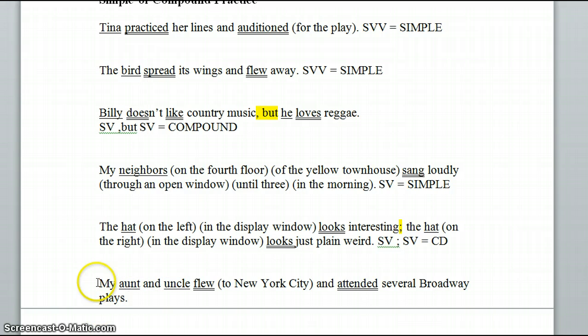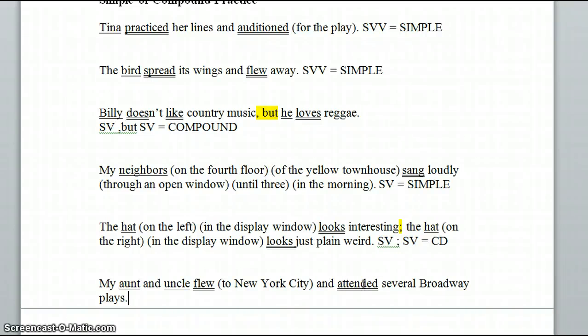Why didn't we mark my as anything? Because my is a possessive pronoun, and you leave that alone. You would not mark that as a subject. All right, we have a verb and two subjects performing one verb, and we keep going in the sentence. We have another verb, attended. Who attended several Broadway plays?